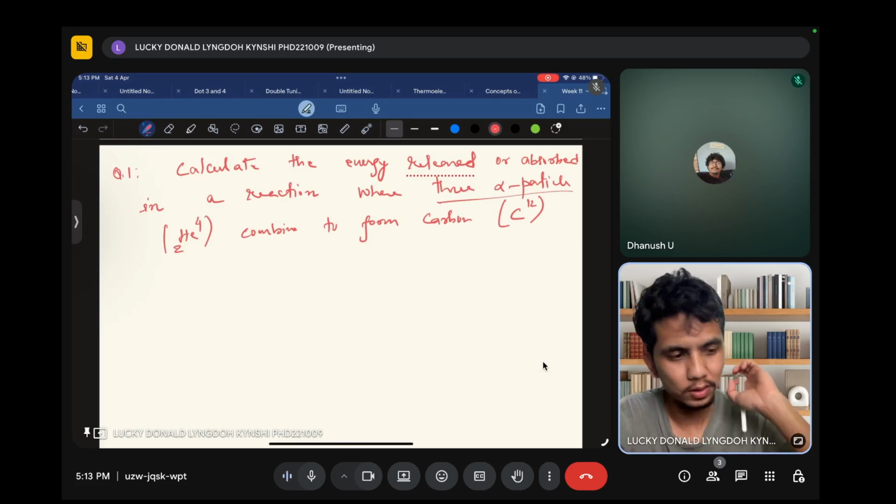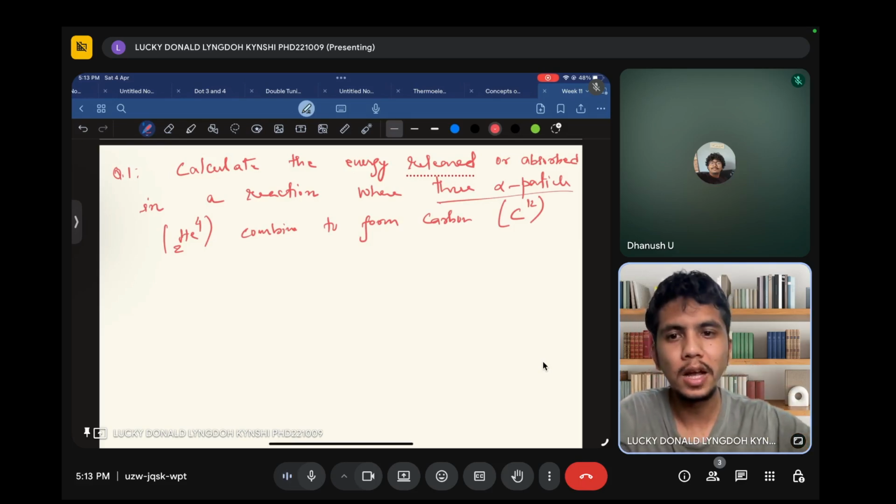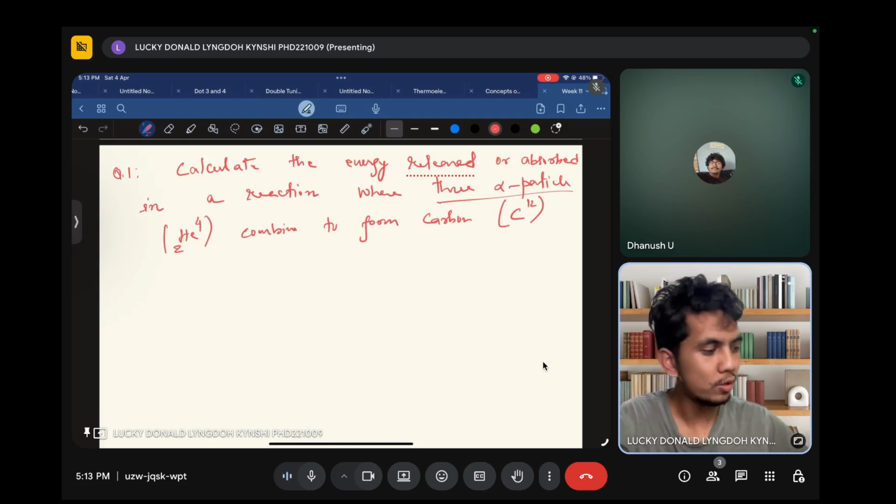That is the question. In doing so, what is the amount of energy, whether the energy will get released or absorbed during the reaction?